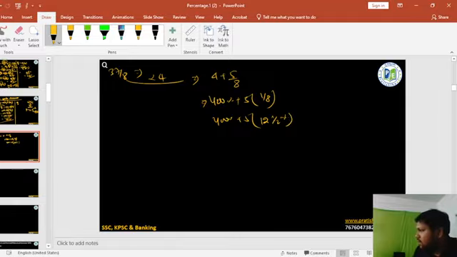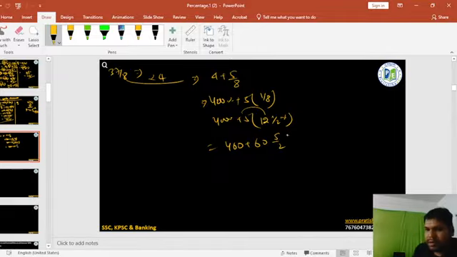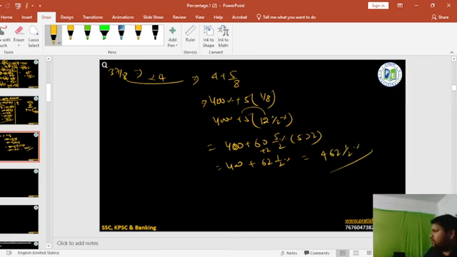Correct now? 12 and 1 by 2%. 12 into 5 is 60, and 60 and 5 by 2 will go 2 times, because here 5 is greater than 2. So 400 plus 62 and 1 by 2%. Finally you get 462 and 1 by 2%.